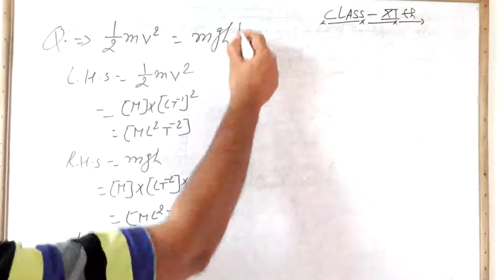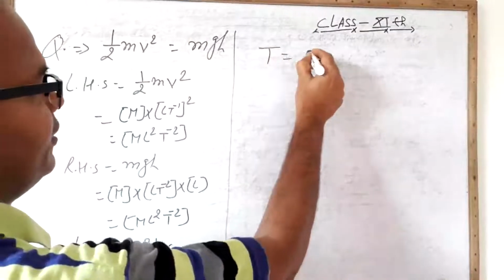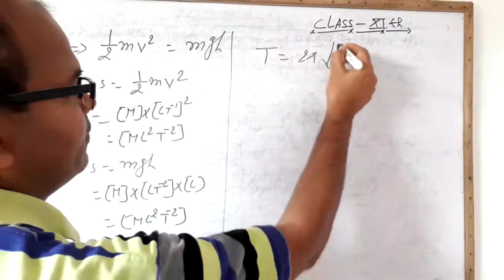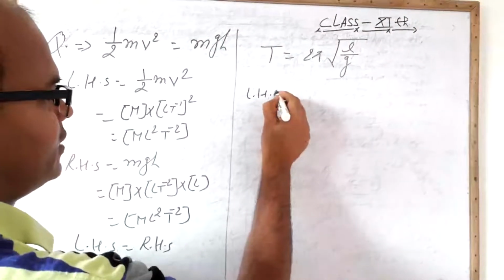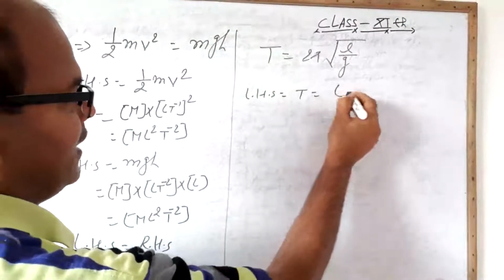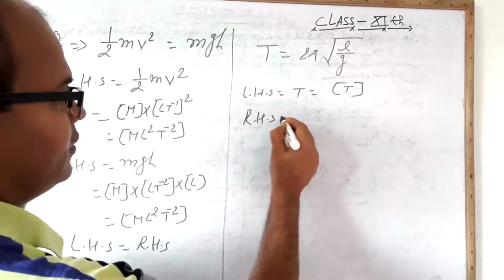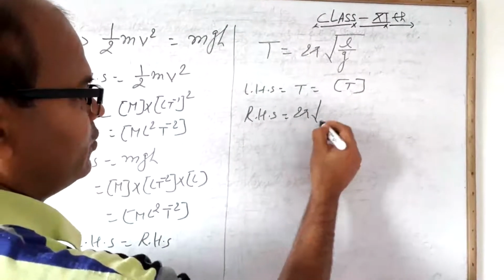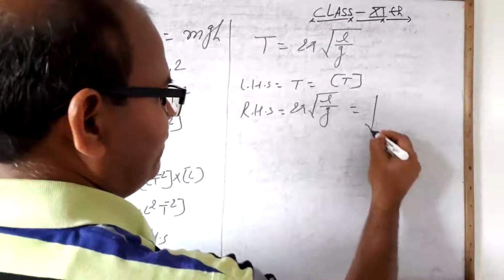I am giving one more example. T equals time period equals 2 pi under root l by g. LHS is T for time. RHS is 2 pi under root l by g. 2 pi is a constant, no problem.